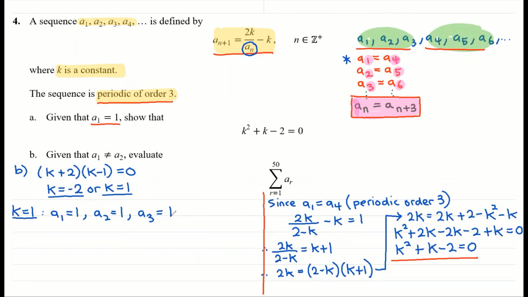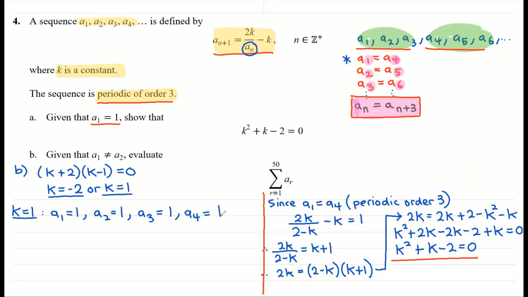Okay, and then the A4, and you can check this yourself, it was 2k over 2 subtract k, subtract k. Well, if you do that, you will have 2 over 1 subtract 1, which is 1. So I get 1 for all of the 4 terms so far, and it looks like the whole sequence is just going to be 1.